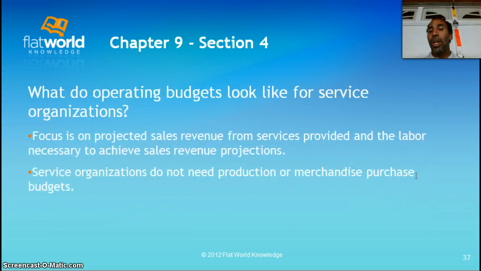It starts with them, and then hopefully they did a good job of predicting where we will stand. So what do operating budgets look like for the service organization? I've always worked in a service organization. The focus is on projected sales revenue from services provided and the labor necessary to achieve sales revenue projections. So service organizations do not need production or merchandise purchase budgets.